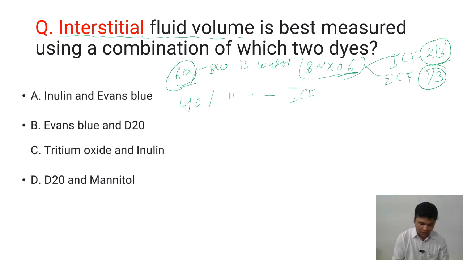So 60-40-20 is a rule, just keep it in mind. 60% of total body weight is water, fluid.